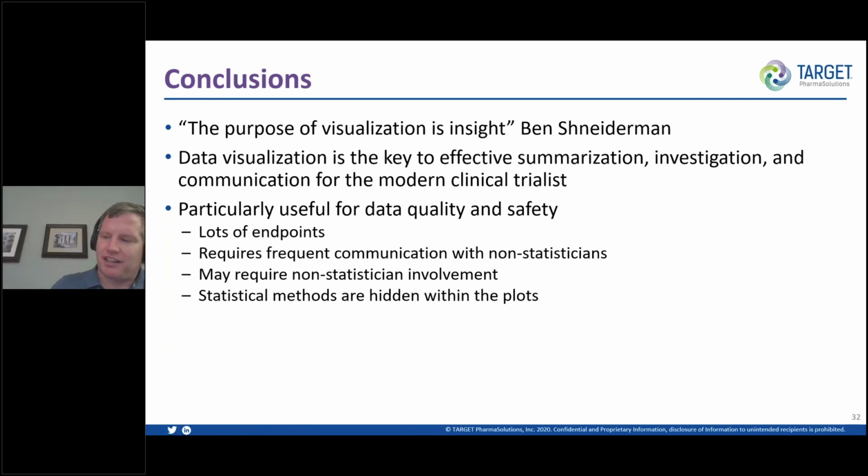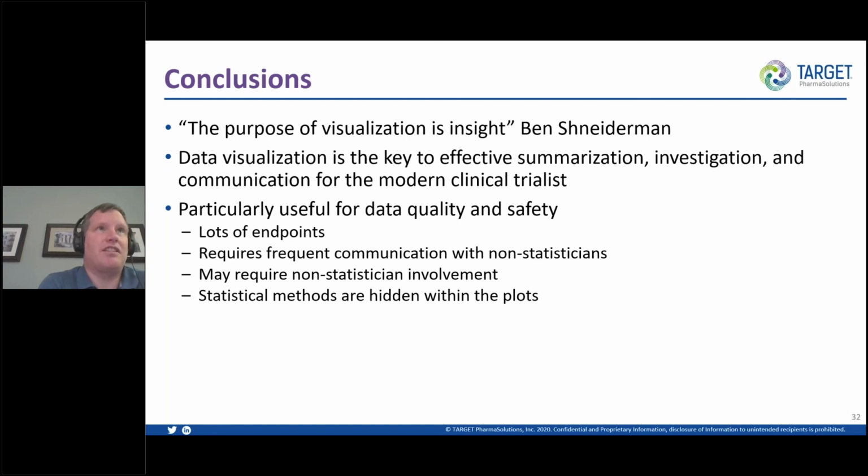So this was quick and rushed, but I wanted to show a number of different examples where we use data visualization to summarize a large number of statistical methods to identify data quality issues. And the goal of this is to try to use these data visualizations to help communicate what's going on in the trial.